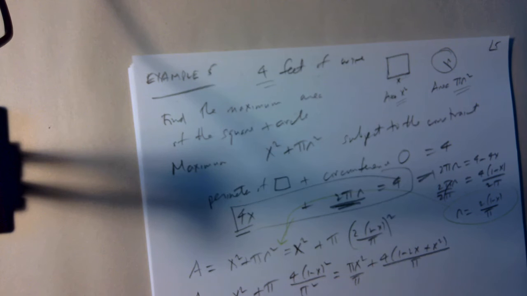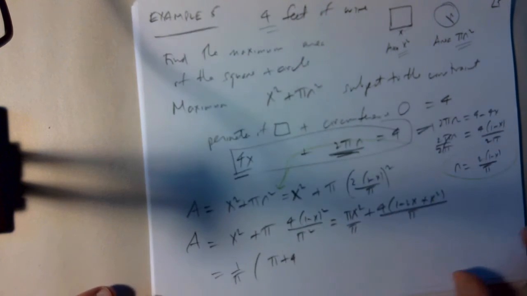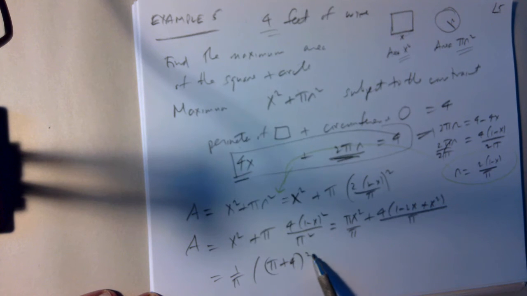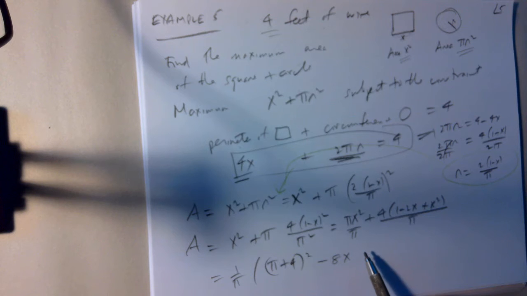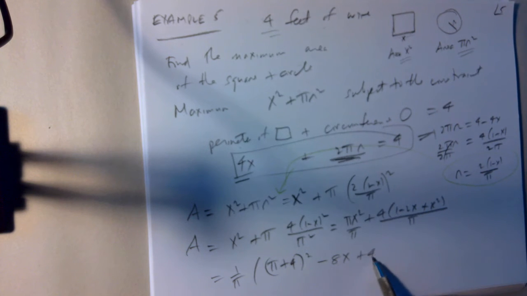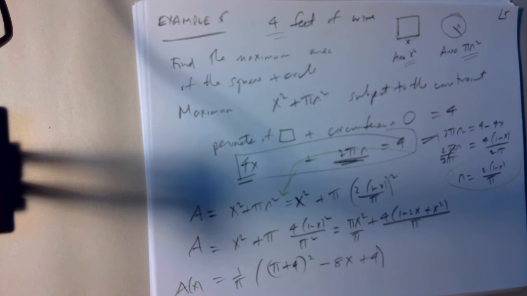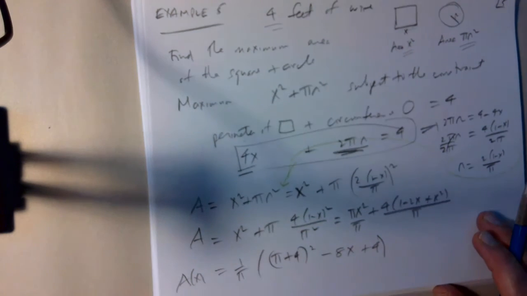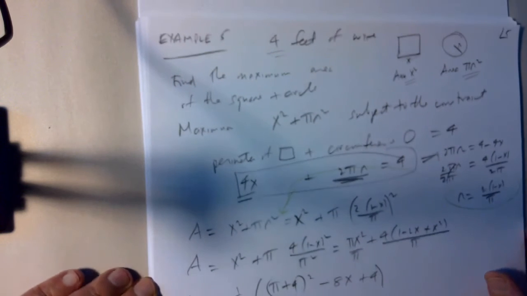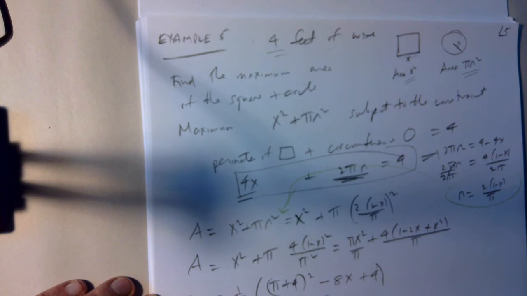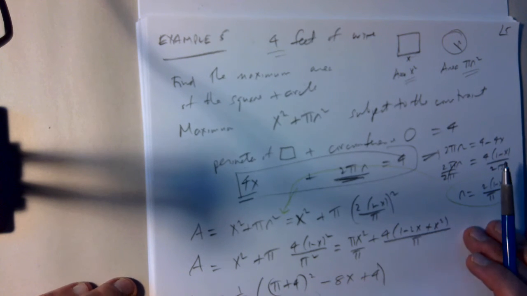So that's pi plus 4 times x squared minus 8x plus 4. That's my area as a function of x. So I want to differentiate this to find the critical points and see where this total area is maximized.